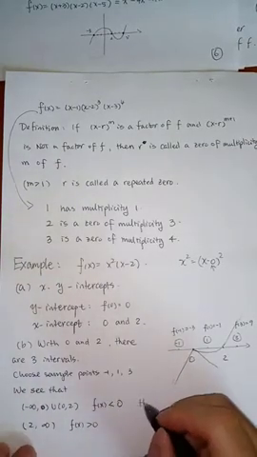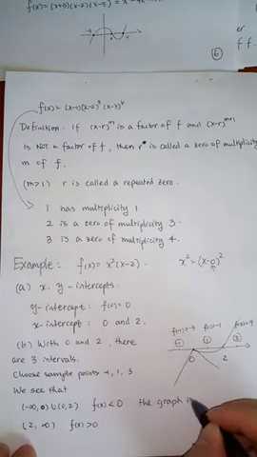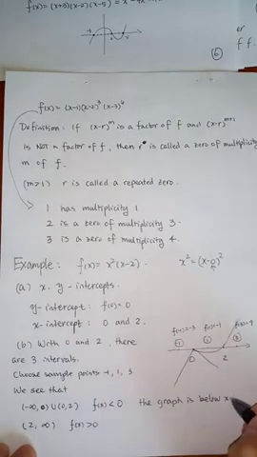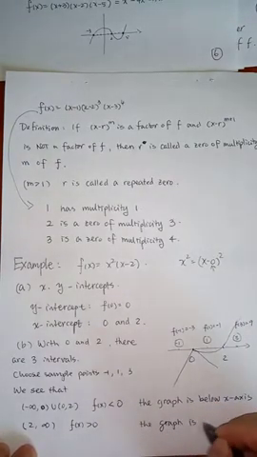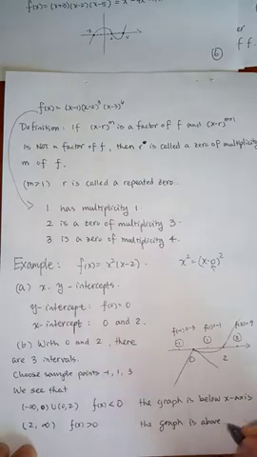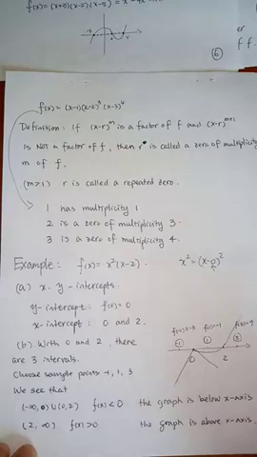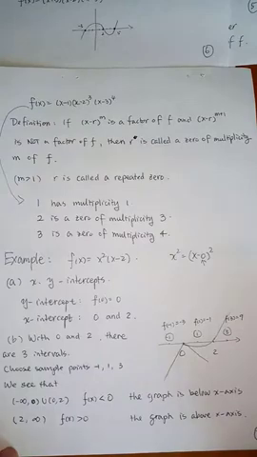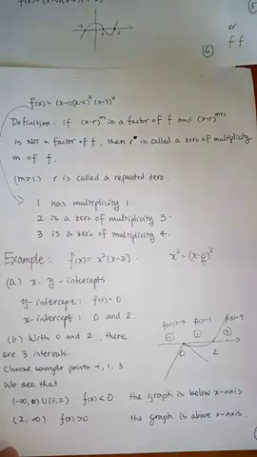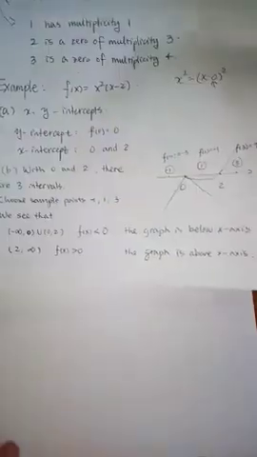Negative means the graph is below the x-axis. Positive means the graph is above the x-axis. Next, without additional information, we have to estimate.